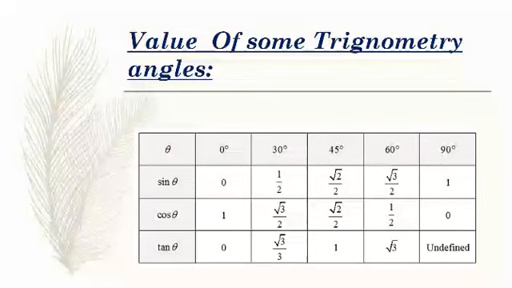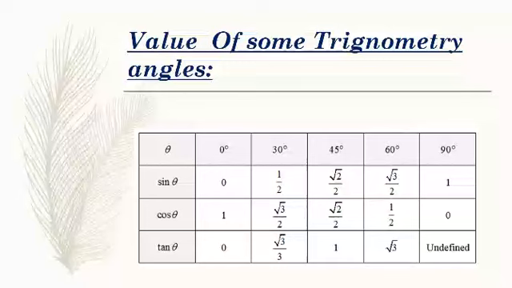Similarly, cos 0 degree is 1, cos 30 degree is root 3 by 2, cos 45 degrees root 2 by 2, and cos 60 degrees 1 by 2, cos 90 degrees 0. Here the value of cos decreases with increase in angle. It is quite reverse as that of sine.